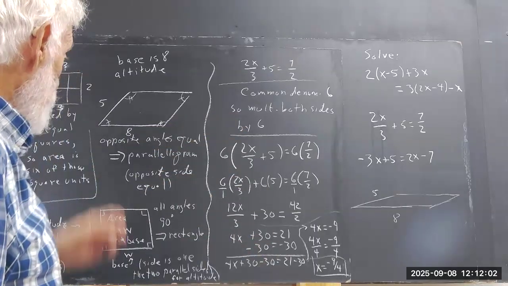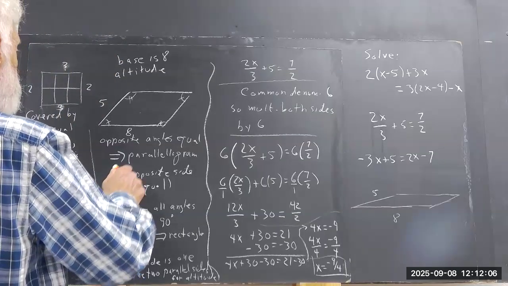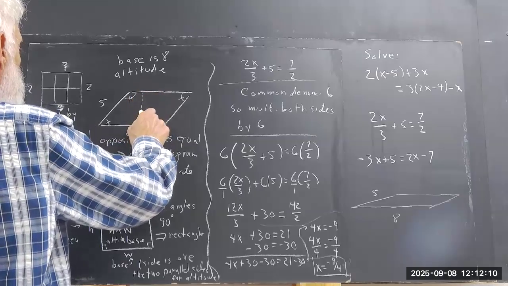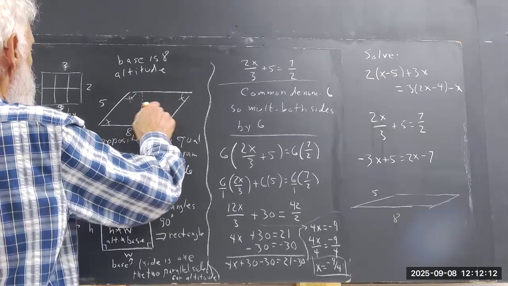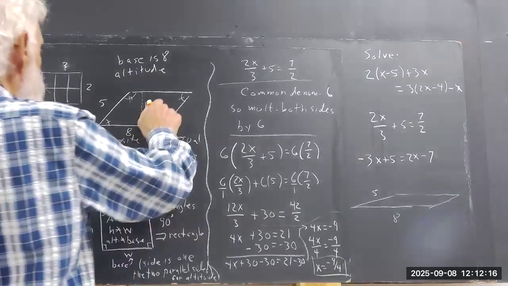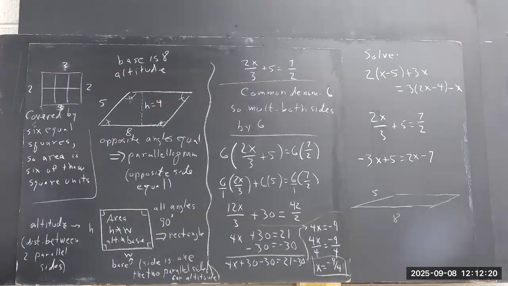Now I'll show you why that matters. I'm going to give you an altitude. Okay? There's your altitude, h. And let's say that equals 4. Now, why is that an altitude? Well, I set it down here.